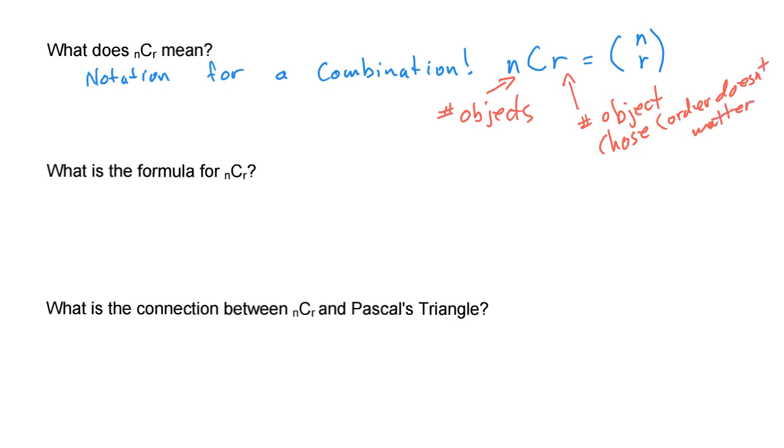Okay. So now, what's the formula for NCR? Remember, I'm going to give you a bunch of different ways to represent this. You choose which one you want. So I would say NCR is the same as, well, we could go C of N, R. Maybe you guys like it this way.